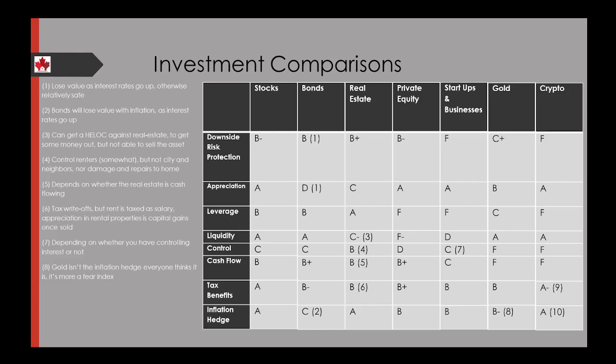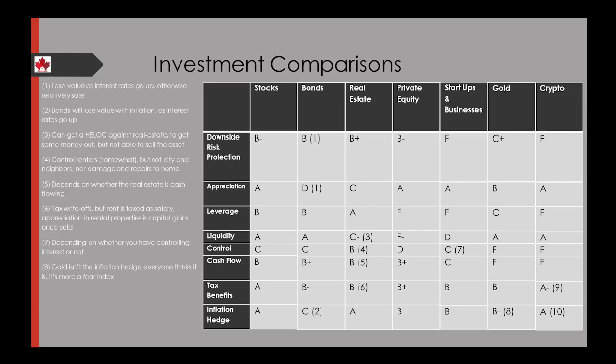Leverage, not that I'm aware of. Whether anybody will lend you money to buy crypto, I don't think. Liquidity, you can certainly get out quickly. You can probably get out of crypto quicker than you can out of stocks. You have zero control.